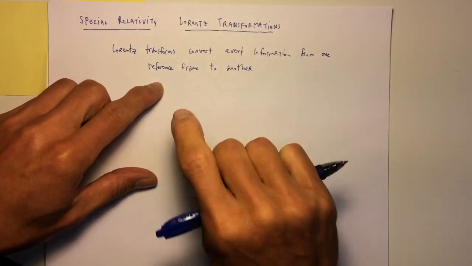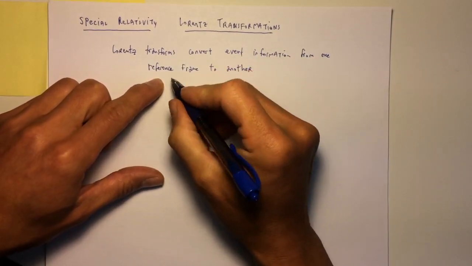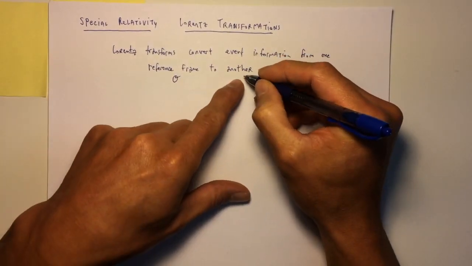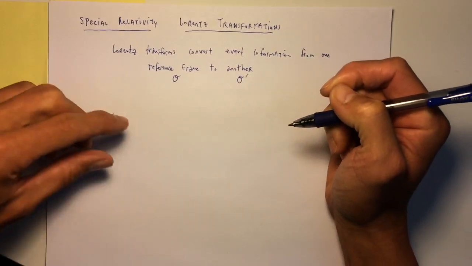And so the reference, we're going to sort of do it this way. We're going to say that there's a reference frame O, and there's another reference frame called O prime.